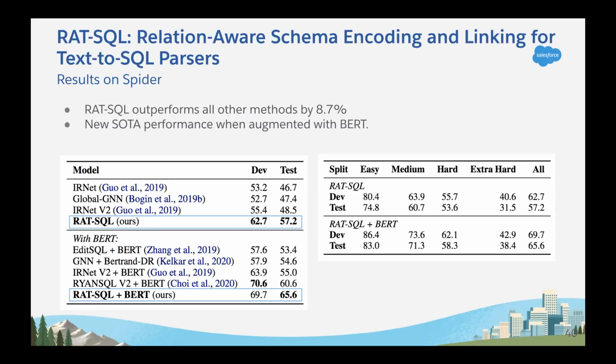And if you combine this with BERT, which is what all the methods do to get better results, even after combining with BERT, this approach is still significantly better than other models.